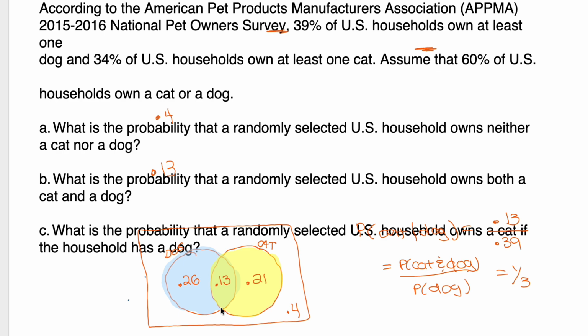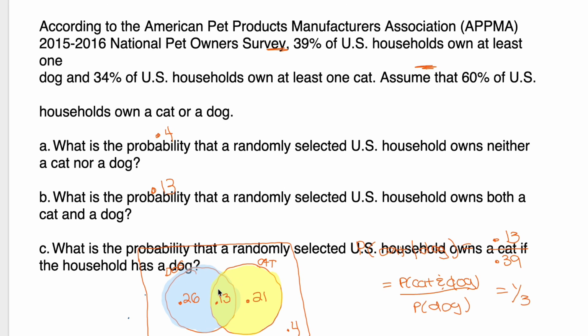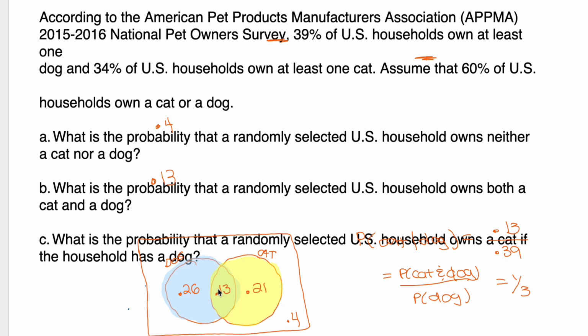This whole area should add up to 0.6. And for 39%, 0.26 plus 0.13 adds up to 0.39, and 0.13 plus 0.21 also adds up to 0.34.